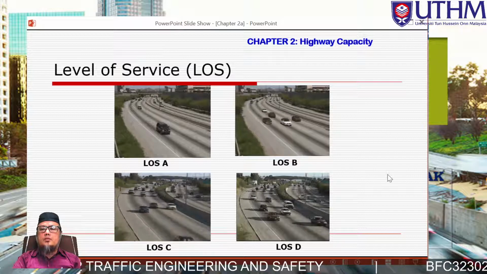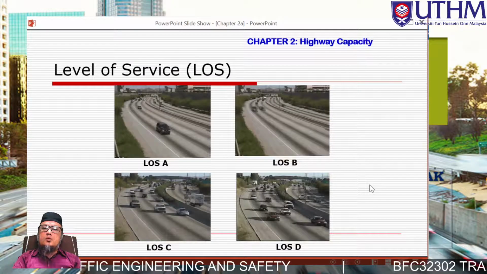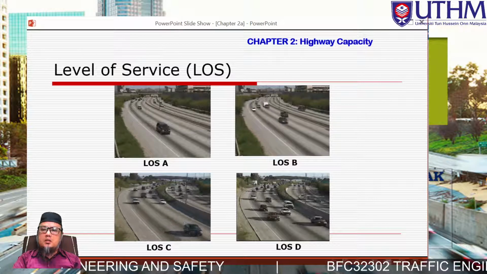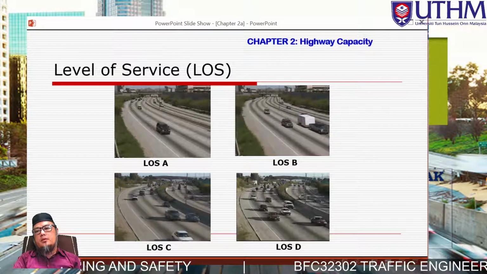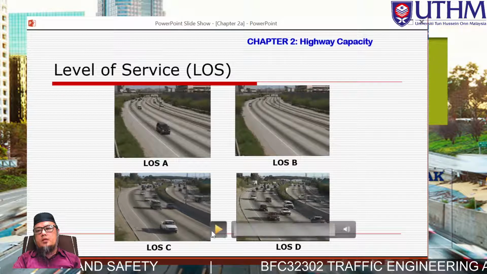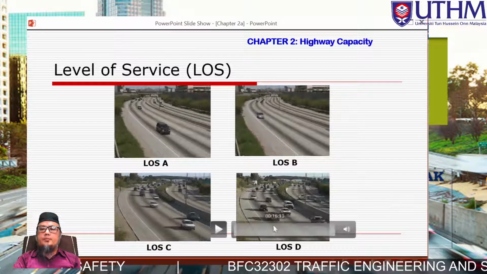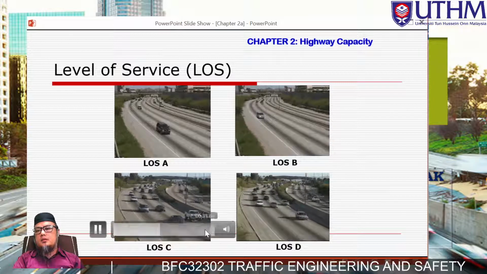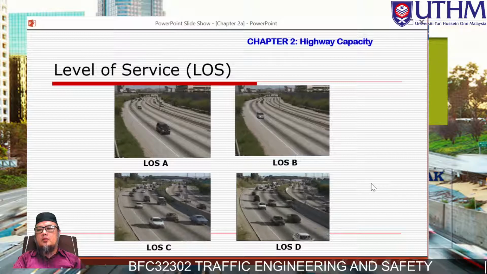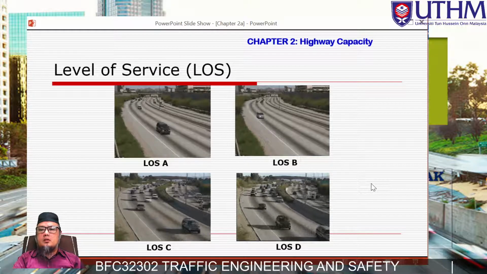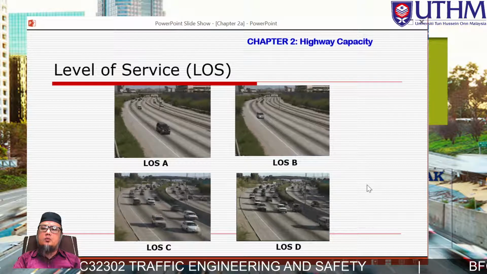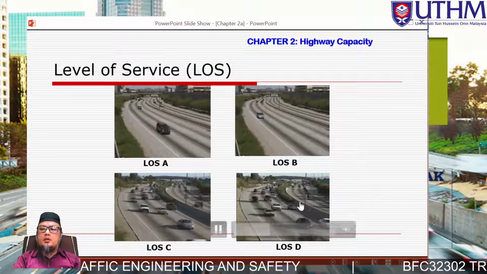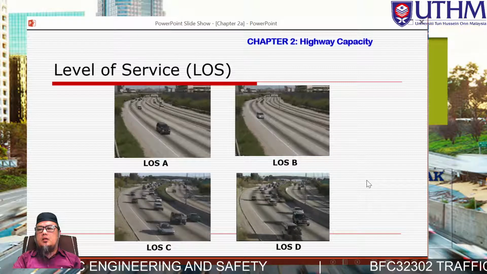Next is level of service C, because the traffic flow slightly increases, the traffic travels at a reasonable speed. Level of service D is moving to slightly more traffic compared to C. Speed is comparable and slightly lower than the levels we saw.